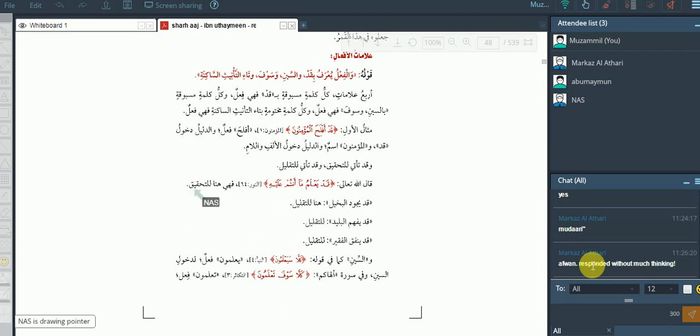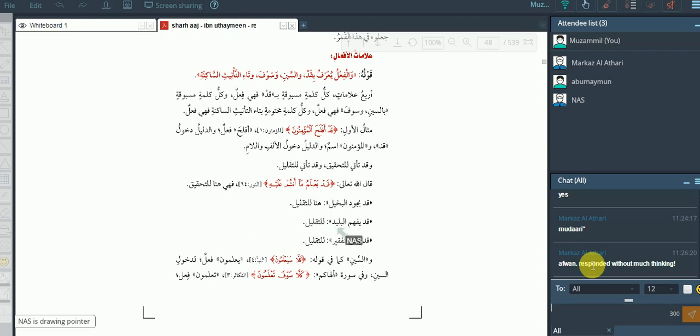Then the Shaykh says, for example, قال الله تعالى قد يعلم ما أنتم عليه. Allah definitely knows what you are upon. هذا للتحقيق. يعلم is فعل مضارع. He gave another example. قد يجود البخيل. It's possible that the stingy person will be generous. هذا للتقليل.